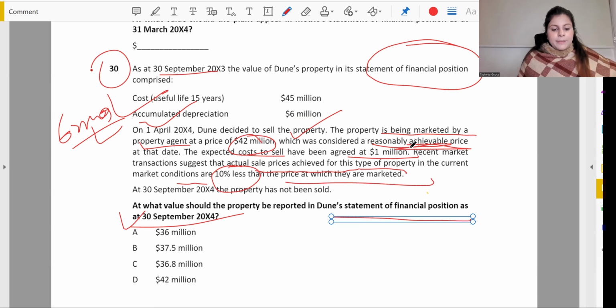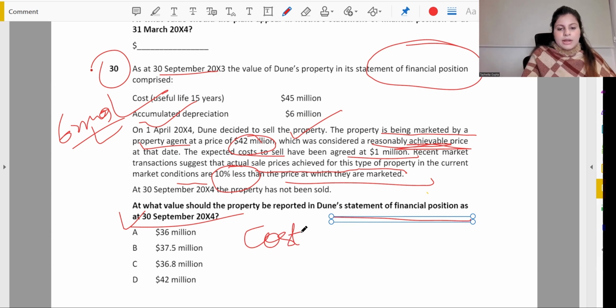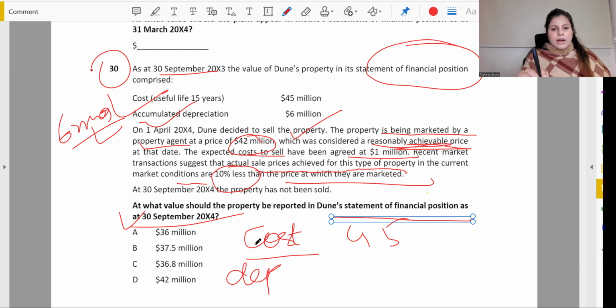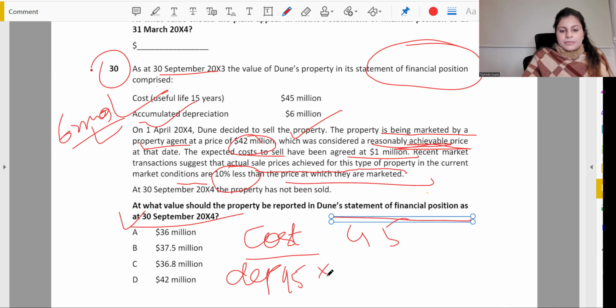So what should I take? I would say my cost of asset, first of all, is 45. I need to depreciate it. What's my depreciation? 45 divided by 15, which is the life of the asset, into 6 by 12.